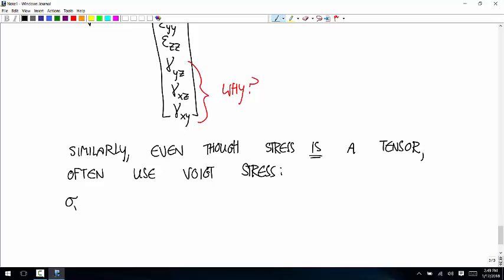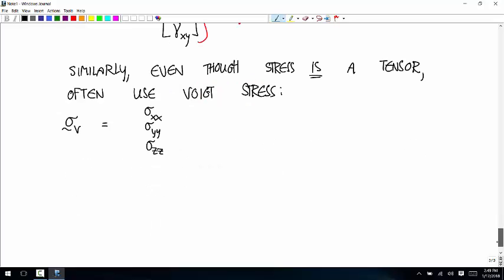So sigma sub v is equal to sigma xx, yy, zz, and then sigma yz, sigma xz, sigma xy.